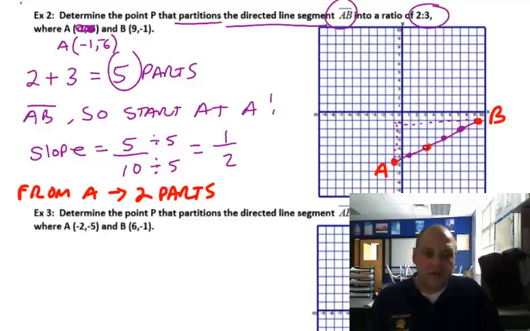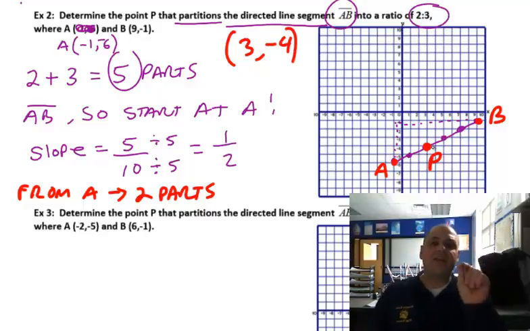There's my 2 parts. There's my point P, because there I have 3 parts here. So this is 2 parts and 3 parts. Point P must be right there. So that's the point 3, -4. That is my point P that partitions the directed line segment into a ratio of 2 to 3. There's 2 pieces here and 3 pieces here.